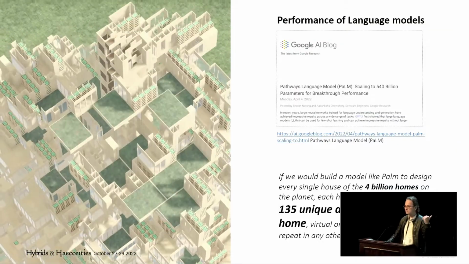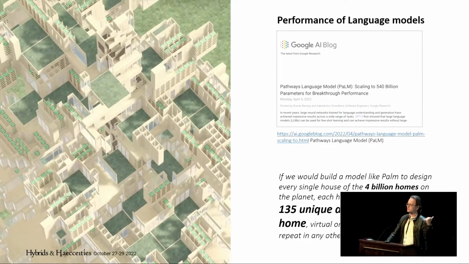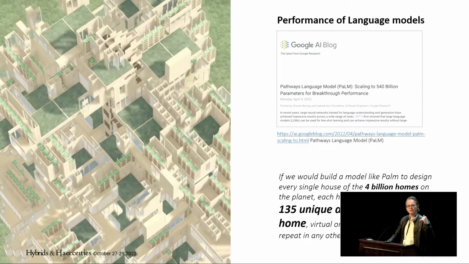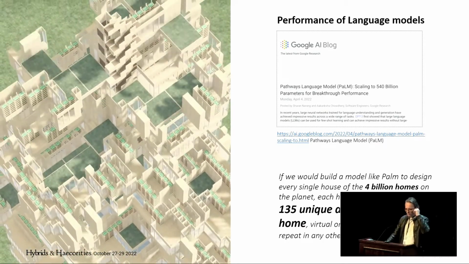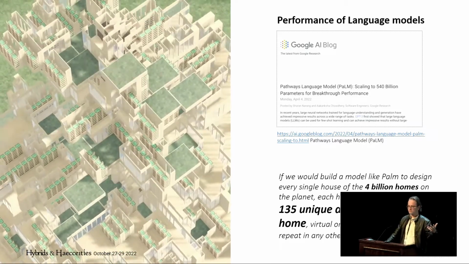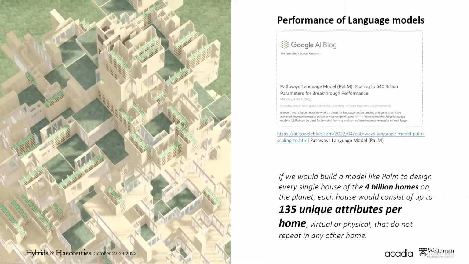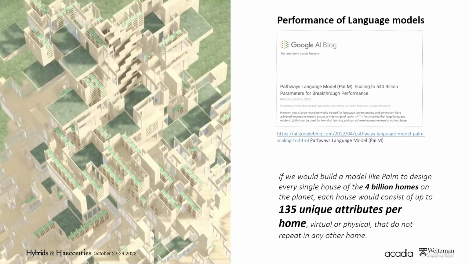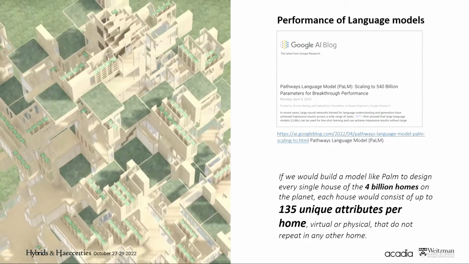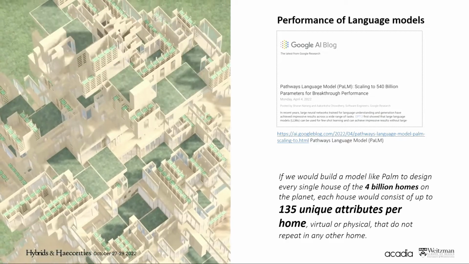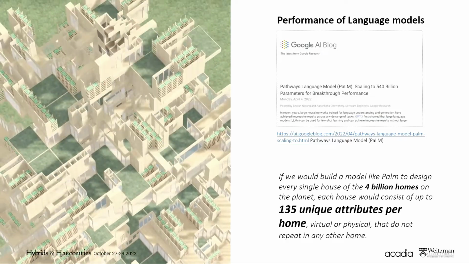Interesting is that I can do this on a laptop. So how much computation do we actually need for architecture? On the left side, you see real-time construction pace, planetary. Let's compare that to state-of-the-art language models. Google's PaLM model has 500 billion parameters.